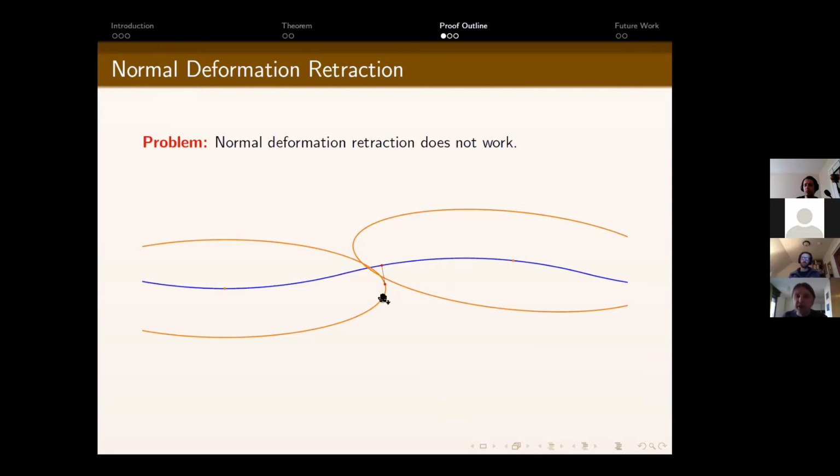If we take a point, even though this obviously still deformation retracts to the manifold, which is here denoted by blue, you can't do it directly. You need to curve this a little bit around to get there. And the question is then how to do this and how to avoid this problem.